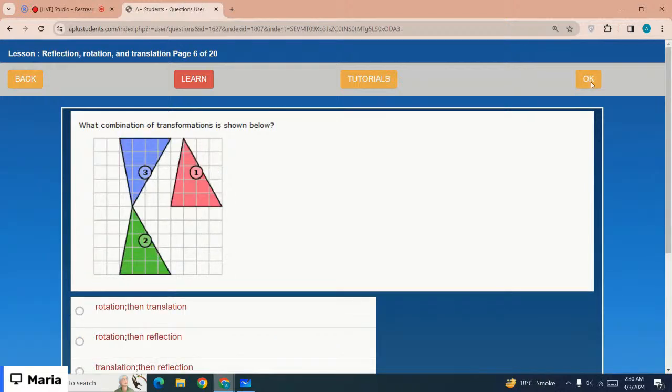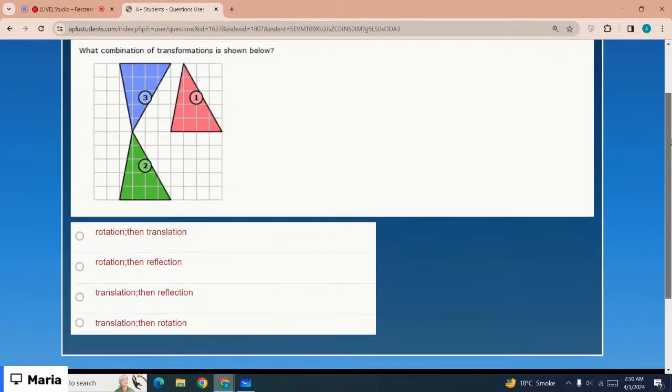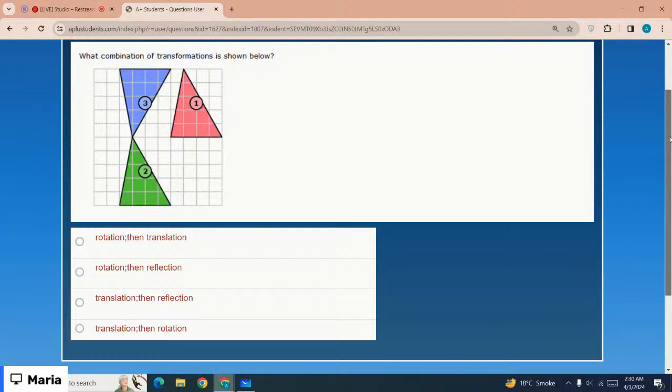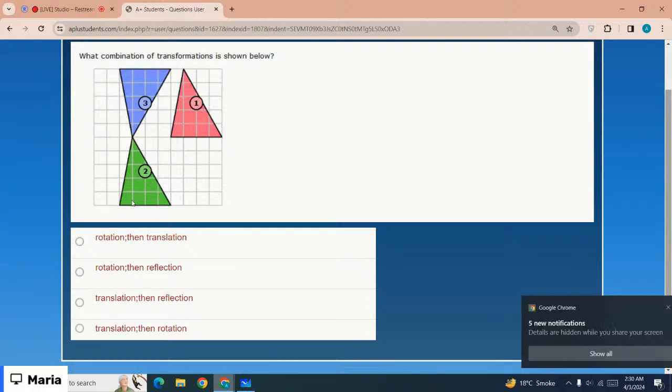Okay, the next one: what combination of transformations is shown below? Here is the 1 and here is the 2. So 2 is at a different place. That means 2 is the translation. You move from 1 to 2, and 2 has all three vertices at new points.